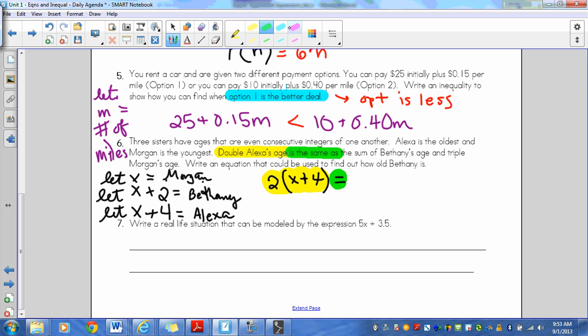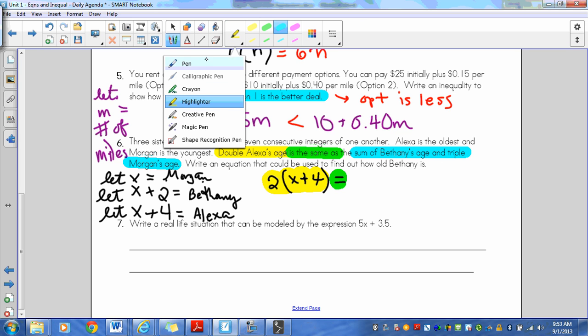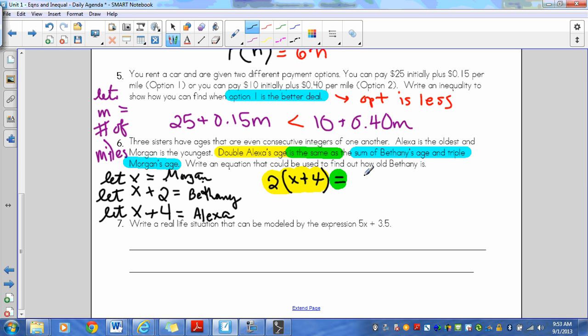Then it's the same as the sum of Bethany's age and triple Morgan's age. Sum means I'm going to add Bethany's age. Bethany's age is x plus 2.